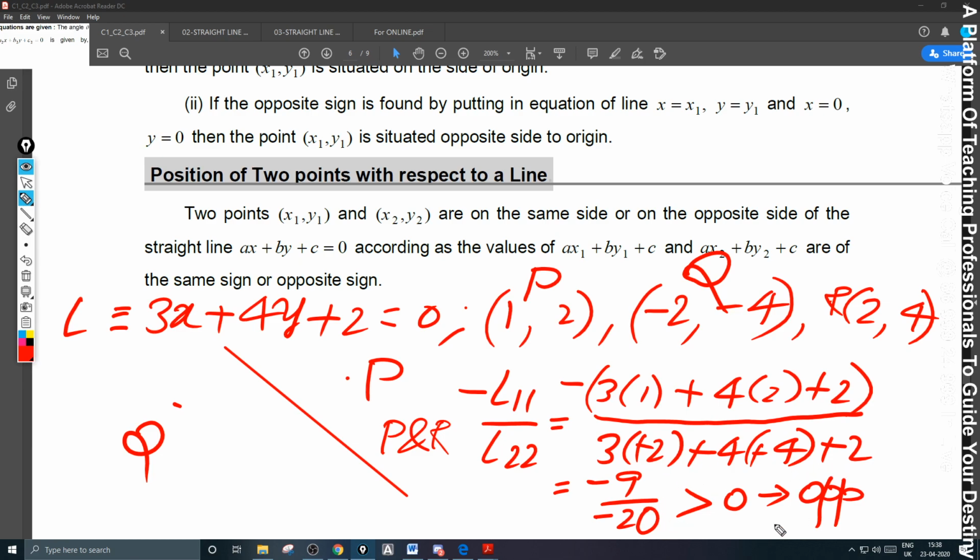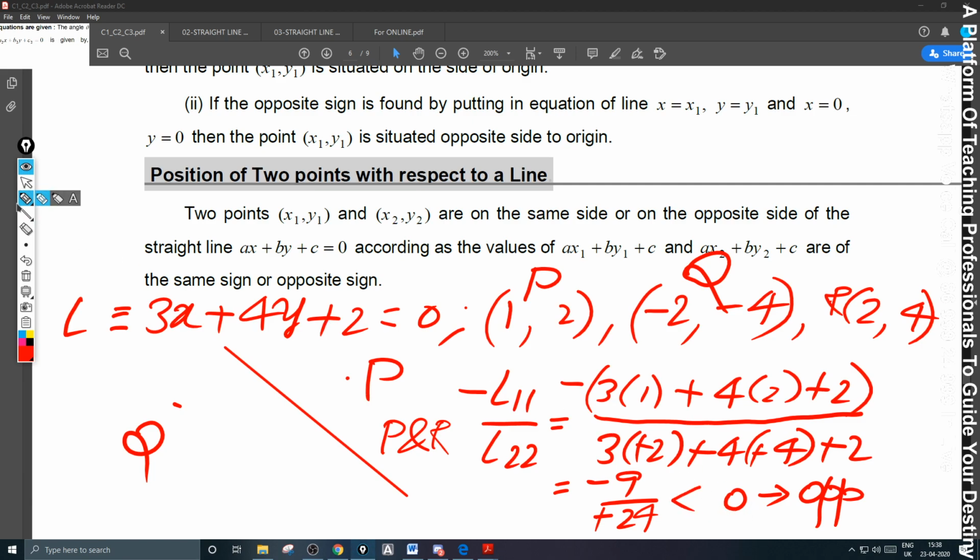This is 6 plus 2, 8, 8 plus 16, 24. Plus 24, and the ratio will be negative.